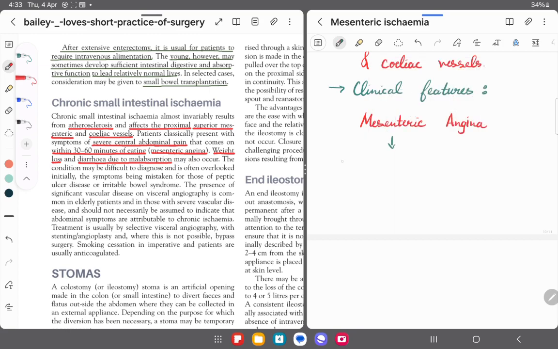Mesenteric angina is severe central abdominal pain within 30 to 60 minutes of eating.